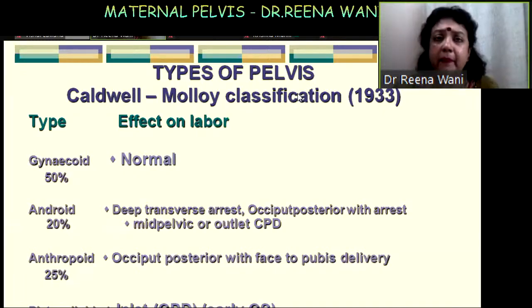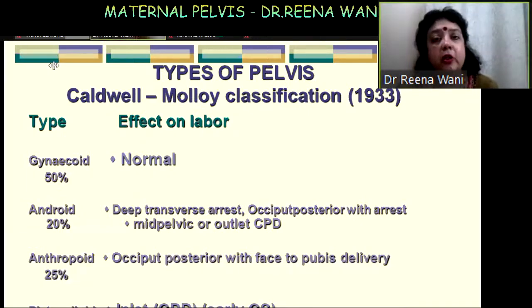The android or the male type pelvis is actually considered to be one of the most dangerous types of pelvis because the inlet may allow the head to get engaged. But these are the pelvic types where you may have what is known as a deep transverse arrest, which is at full dilatation, where there is no further progress.